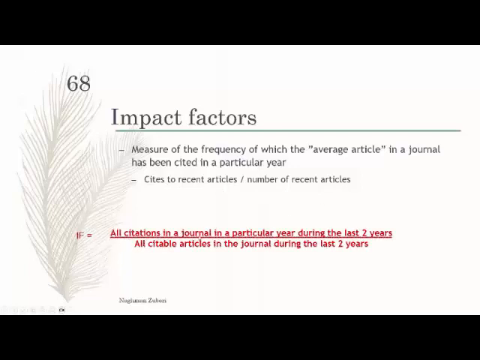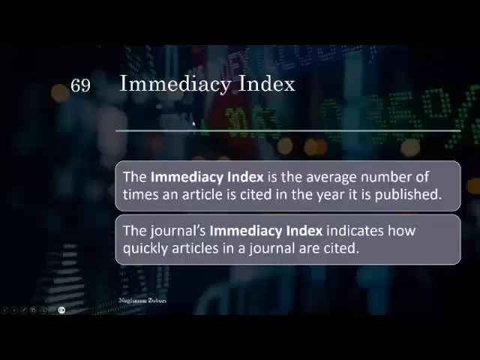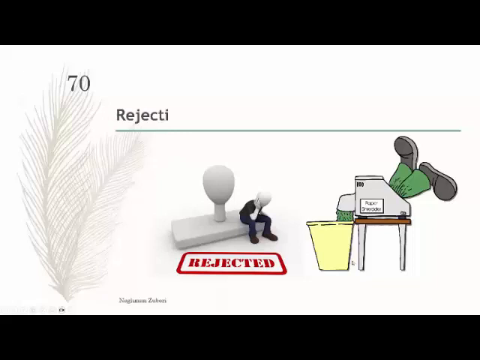All citations in a journal in a particular year to articles from the last 2 years, divided by all citable articles in the journal during the last 2 years, give you the impact factor of that particular journal. And the immediacy index is the average number of times an article is cited in the year it is published. The journal's immediacy index indicates how quickly articles in a journal are cited.